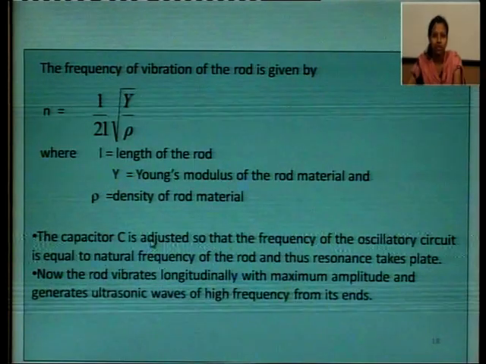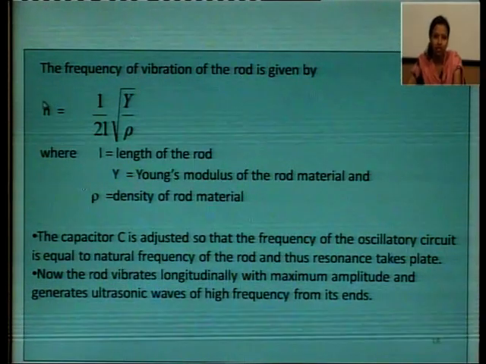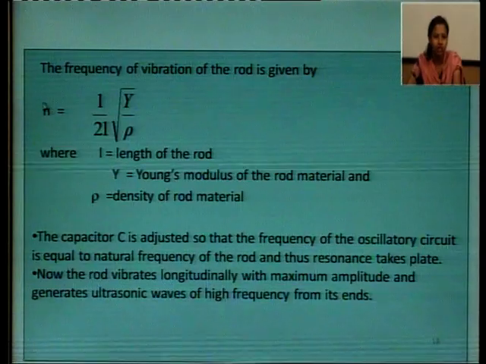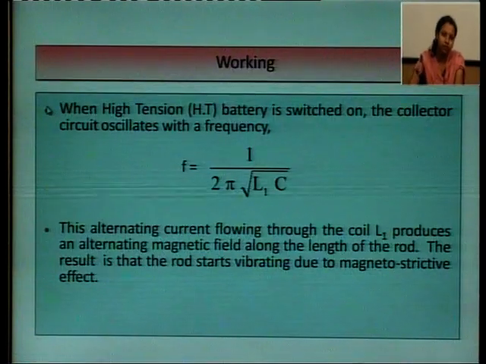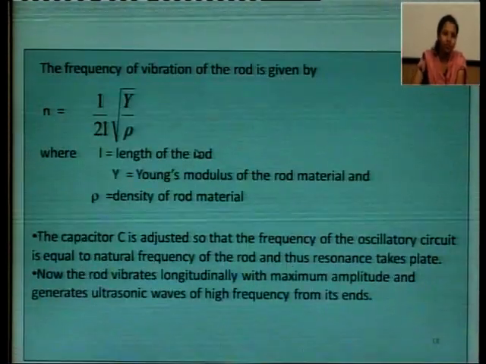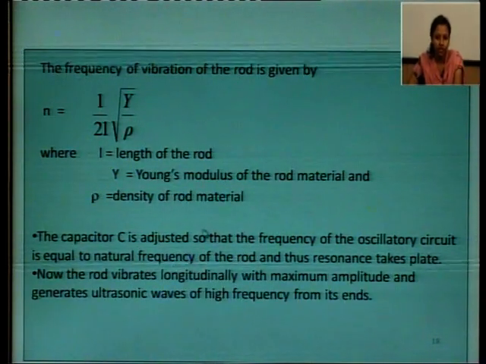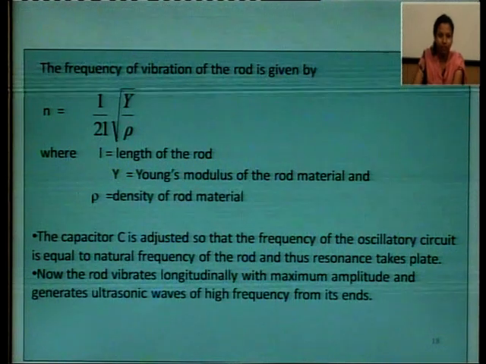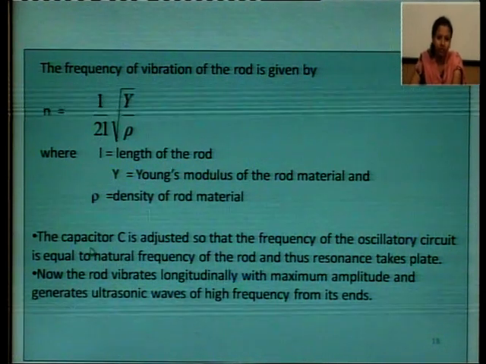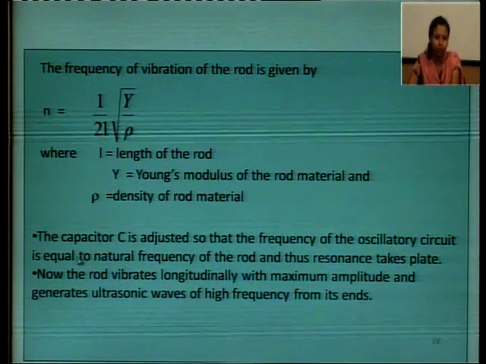The capacitor C is adjusted such that these two frequencies are equal, this frequency and the previous frequency. So f is equal to N, which means resonance takes place. Now I will read these two lines again.